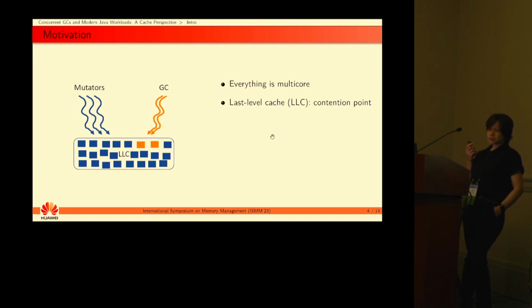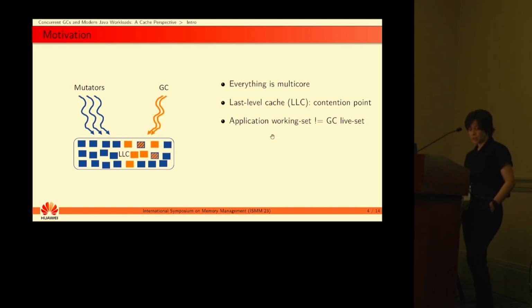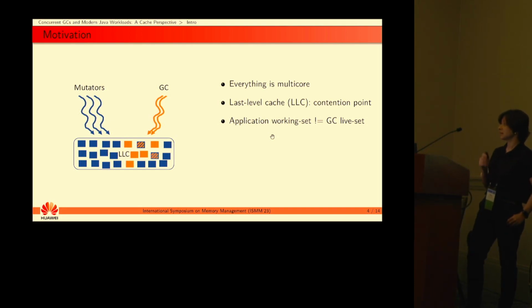And what is more, the GC can bring a different set of memory blocks into the cache. So there can be some blocks that are common between the application and the GC, that both can use. But it can also happen that the application working set, the most used part of the application, is totally disjoint from the GC's live set.